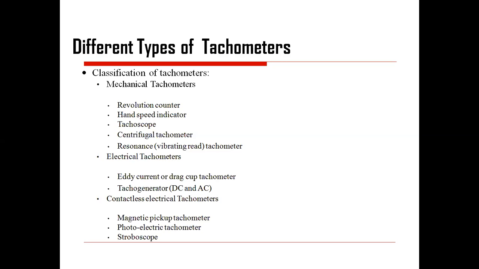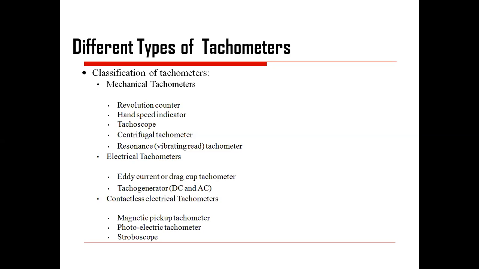Electrical tachometers are further subclassified as eddy current or drag cup tachometer and tacho generator. These tacho generators are further classified as AC tacho generator and DC tacho generator.